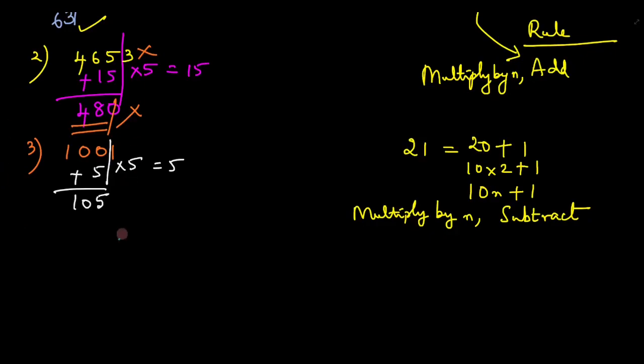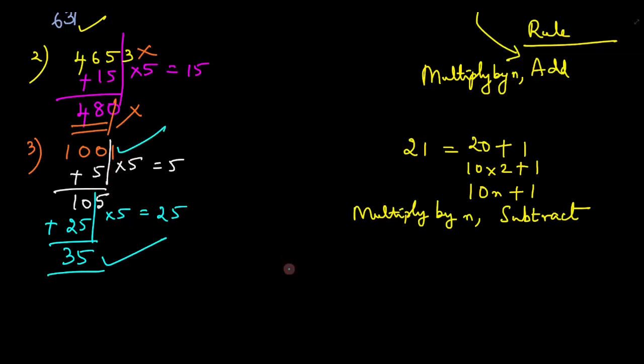Now separate this 5, take 5 times, 25, add 25 here. So we are getting 35. 35 is divisible by 7. So 1001 is also divisible by 7. So in this way, we can prepare 2 rules for 7. Similarly, we can prepare 2 rules for 13, 2 rules for 17, 2 rules for 19.